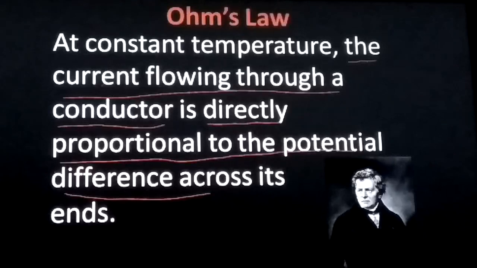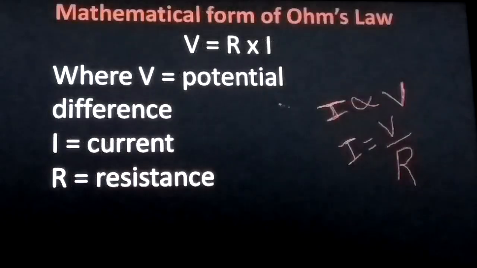The symbol used for the current is I, and if V is the potential difference, then the current flowing through the conductor is directly proportional. Observe here, this is a proportionality symbol, students.